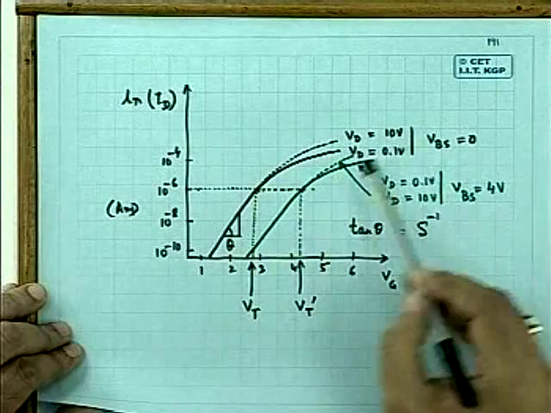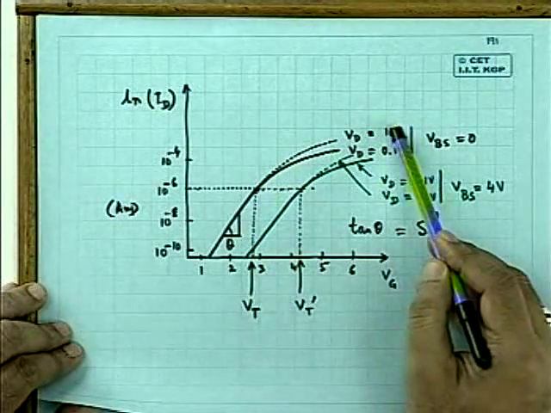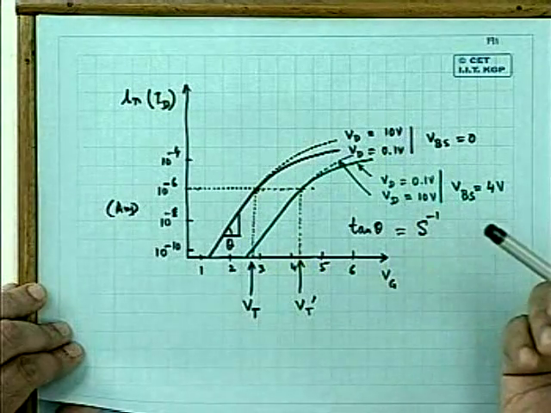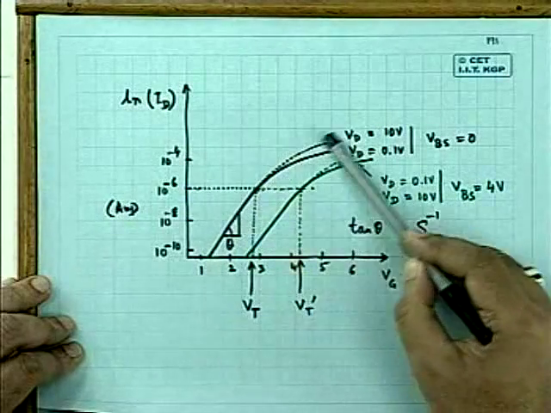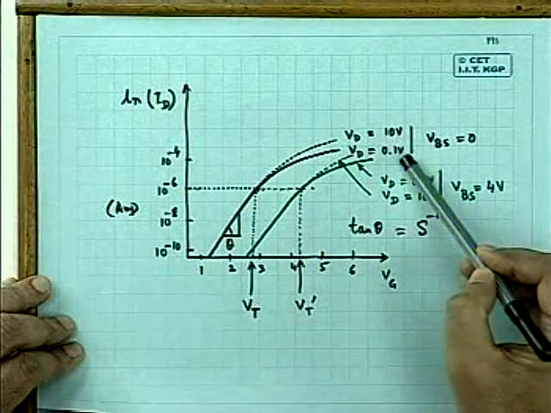You see that here the threshold voltage is practically independent of VD, and that is well known because drain bias will practically have no effect on the threshold voltage for an ordinary long channel device. Whereas as you go to a short channel device, you will find these two curves become appreciably separated for two voltages.